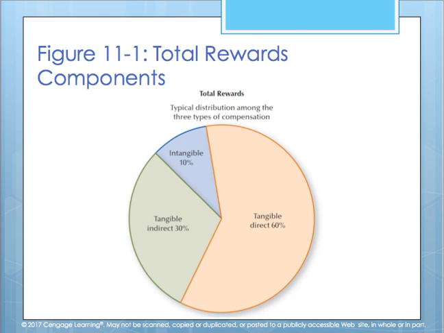Where you can feel it. It's the check, it's the watch, it's the trip to the Caribbean, it's the cruise to Alaska, it's the car. It's something that's tangible and direct. That's what it should make up, and that's what typically makes up the compensation in an organization.